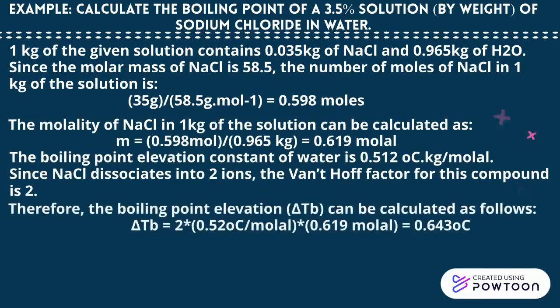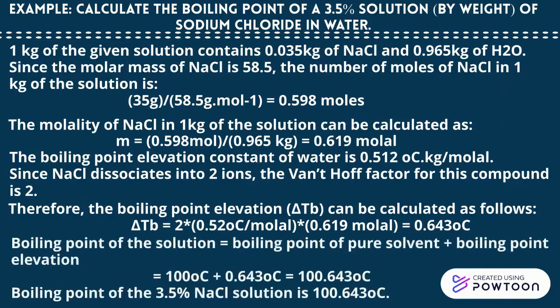Therefore, the boiling point elevation can be calculated as delta Tb equals 2 times 0.52 °C per molal times 0.619 molal, which equals 0.643 °C. Then, boiling point of solution equals boiling point of pure solvent plus boiling point elevation. Therefore, the boiling point of the 3.5% sodium chloride solution is 100.643 °C.